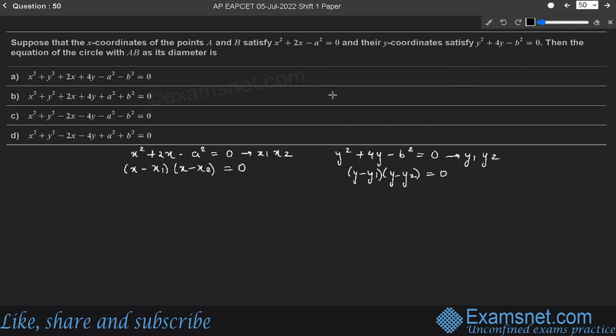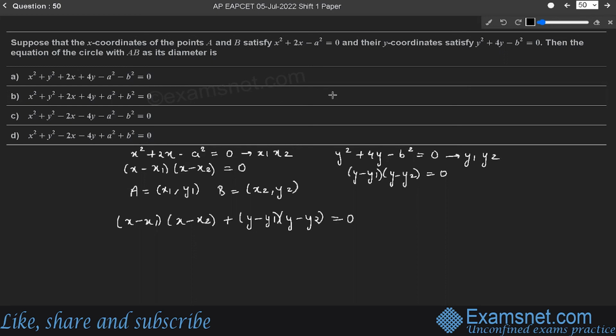Now we have two points, (x1, y1) and (x2, y2). So let A be (x1, y1) and let B be (x2, y2). Therefore, the equation of the circle with diameter AB is given by (x minus x1)(x minus x2) plus (y minus y1)(y minus y2) is equal to 0.